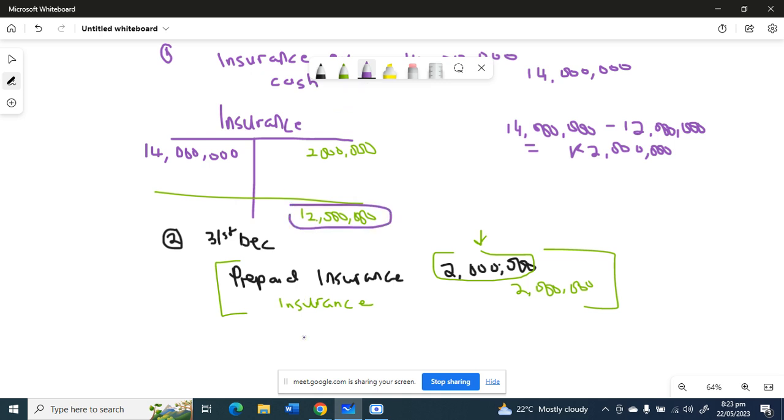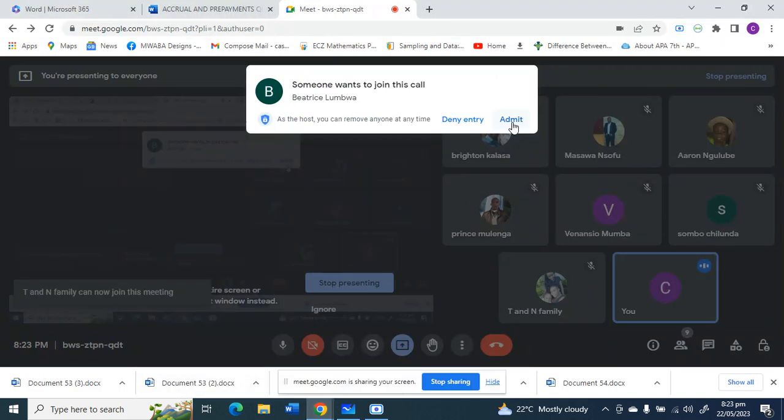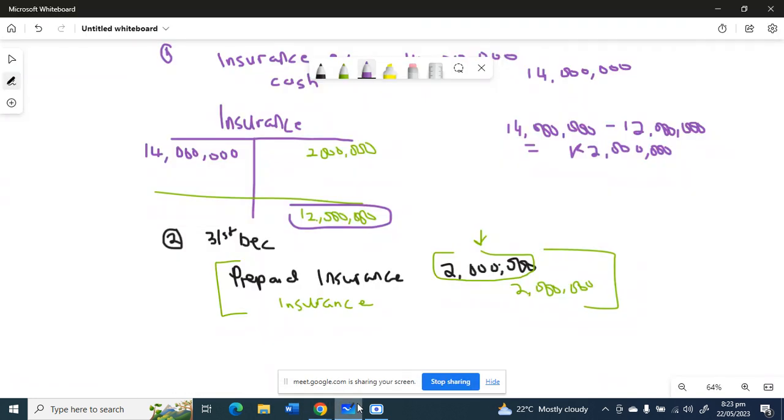So let me just show the extracts of the statement of profit or loss and the balance sheet.